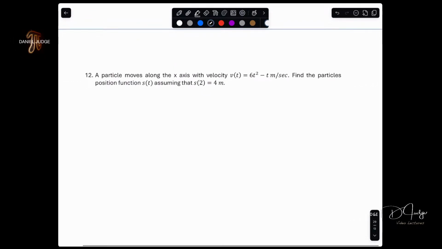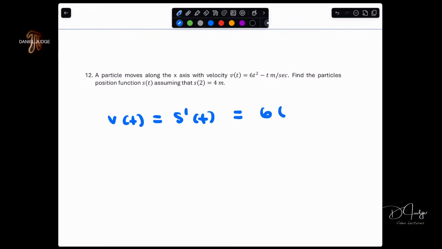So this starts off by notating that velocity, ladies and gentlemen. Let's get a pen. Velocity is the derivative of the position function. And they're saying that is actually going to be 6t squared minus t. In other words, s prime of t is really 6t squared minus t, and they're asking for you to give them the position function.